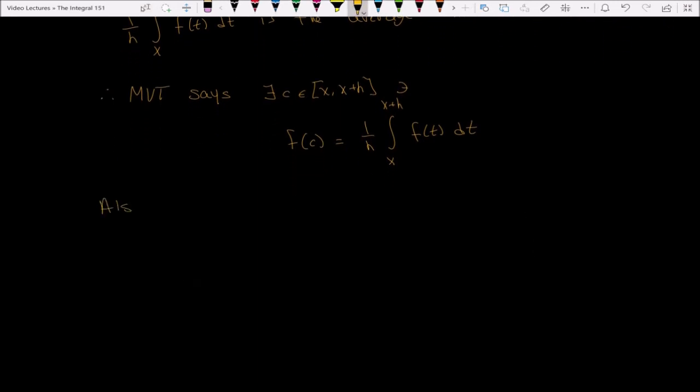Also notice, as h approaches 0, c must approach x, right? Because as h is approaching 0, this is shrinking to just the point x, which means c would have to start to approach x.